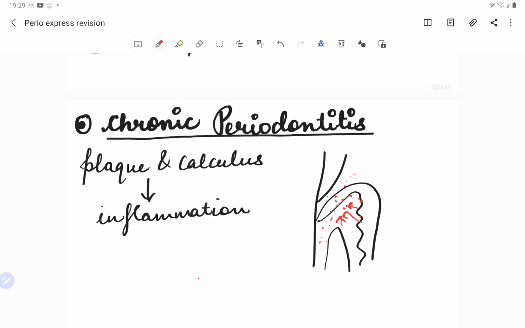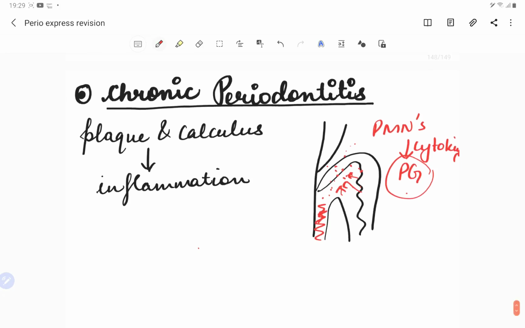Because of the inflammatory process, we have got PMNs, and these PMNs release cytokines, like the prostaglandins and leukotrienes. All these chemicals resorb the bone and break down the collagen fibers of the periodontal ligament. So this is how the destruction of the tissues happens.